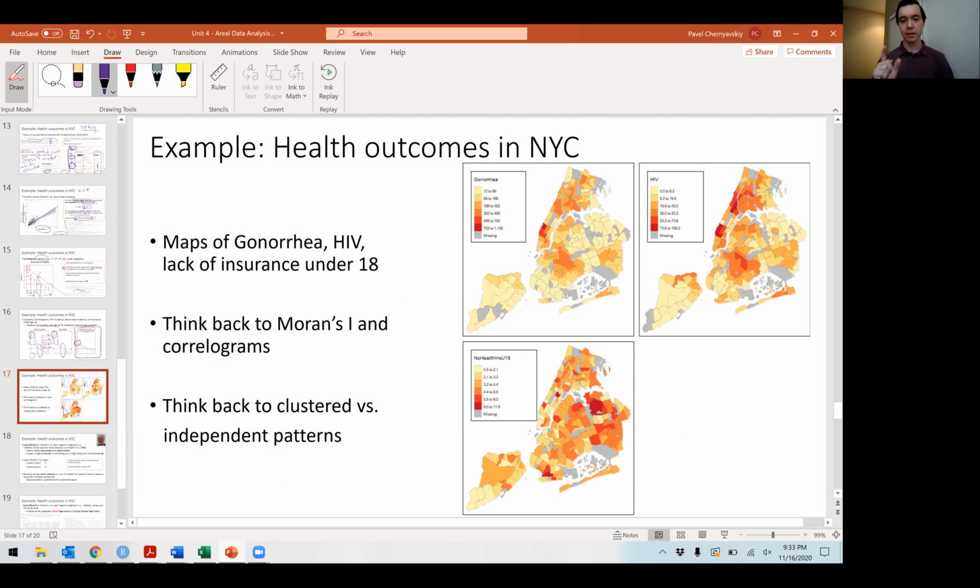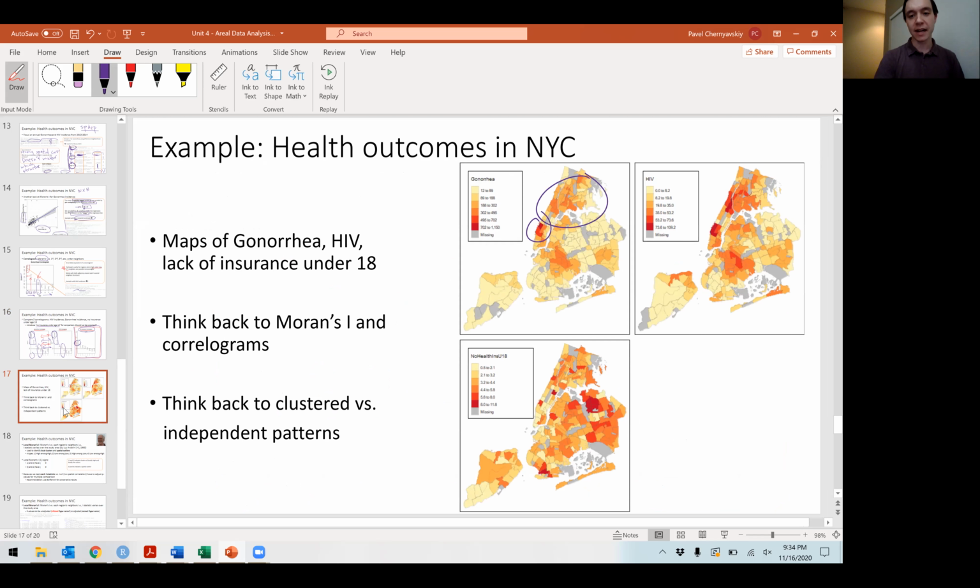Here are some maps. Remember what positive correlation looks like? Clustering, right? Positive correlation, clustering, high amongst high, low amongst low. Look at the no insurance under 18. It resembles very much something that looks like a checkerboard pattern. There are some areas where there are a lot of children that are uninsured, but they're around areas where children have some insurance.